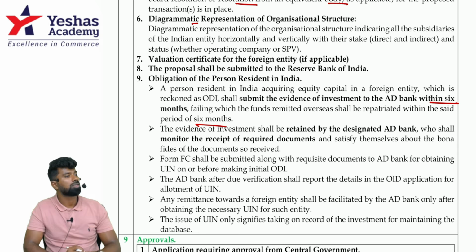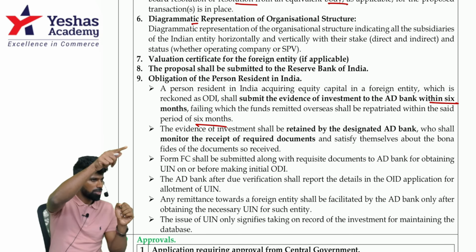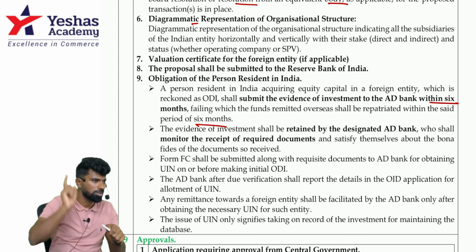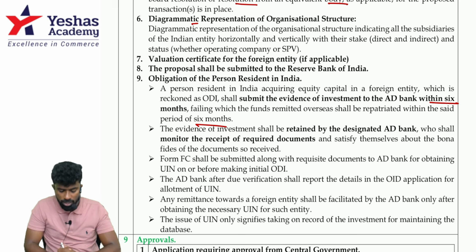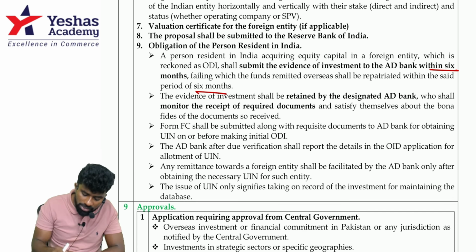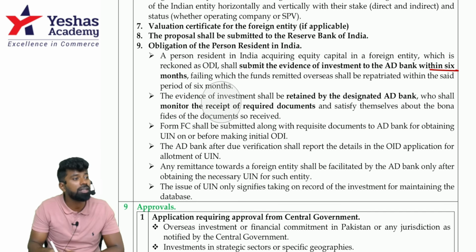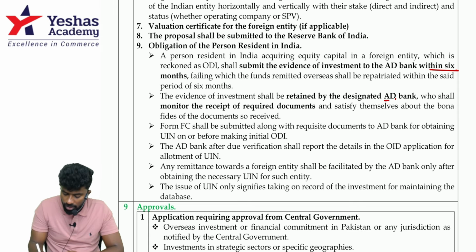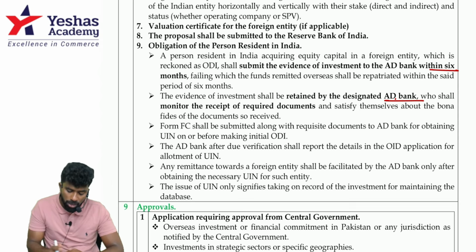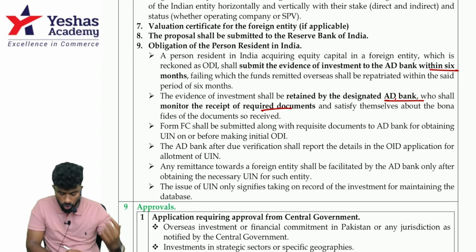Either you make the investment and submit the proof within 6 months. If not, you should repatriate within 6 months. The evidence of investment shall be retained. By whom? AD Bank, who shall monitor the receipt of the required documents.